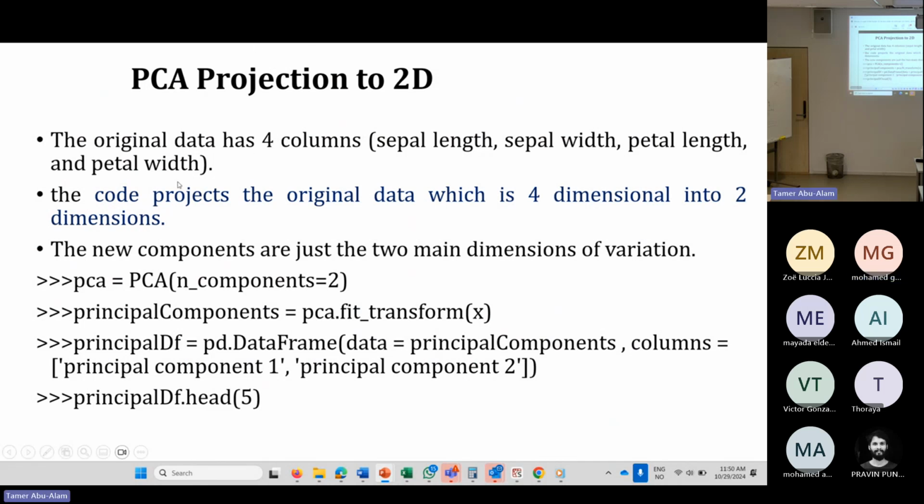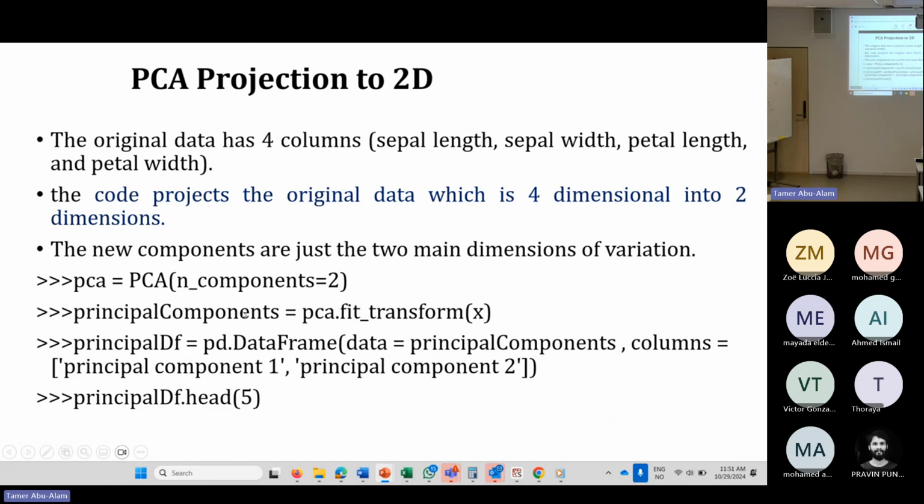So we write PCA as a variable name equal to PCA, which is a function. Here we need to get only 2 components, PC1 and PC2. We don't need to go for the 3rd or 4th component, only 2. If you would like to go for 4, just write 4. No problem.